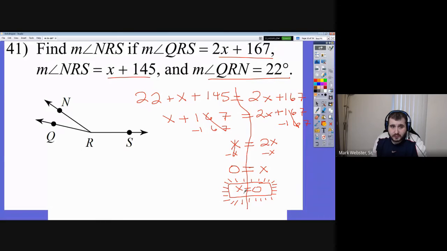And so if we want to find the measure of angle NRS, which is this, right? x plus 145, the measure of that angle, we're going to plug in 0 for x.